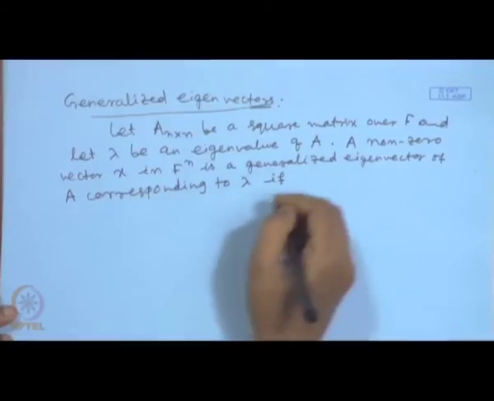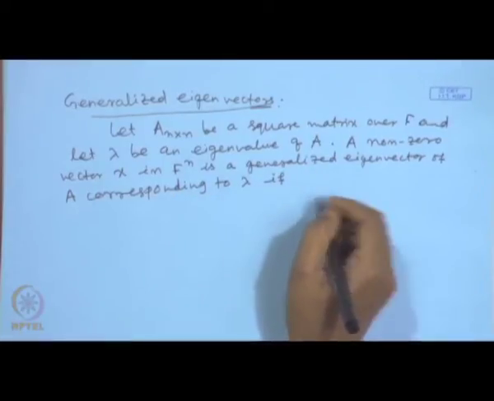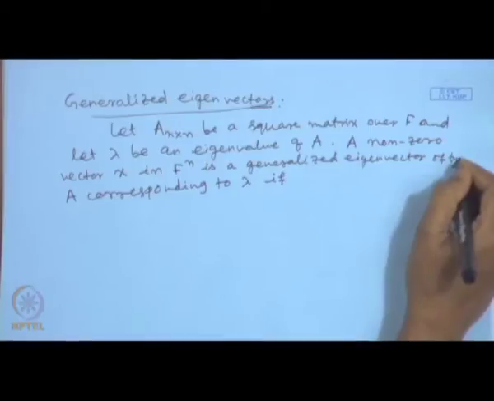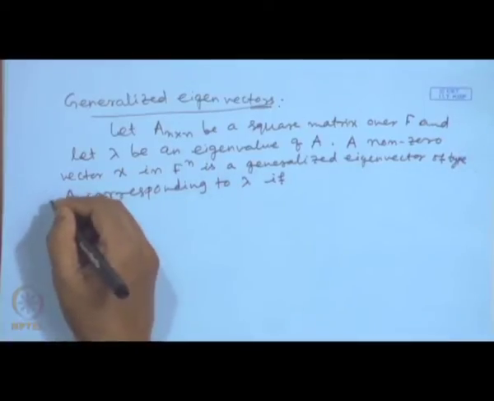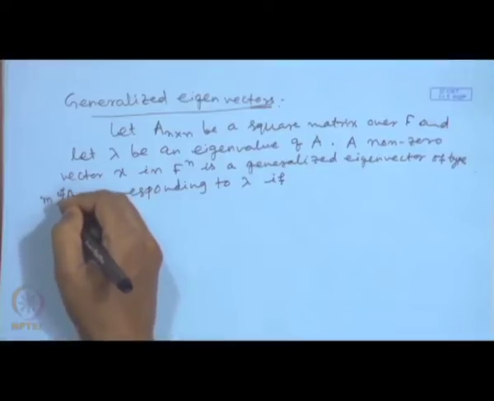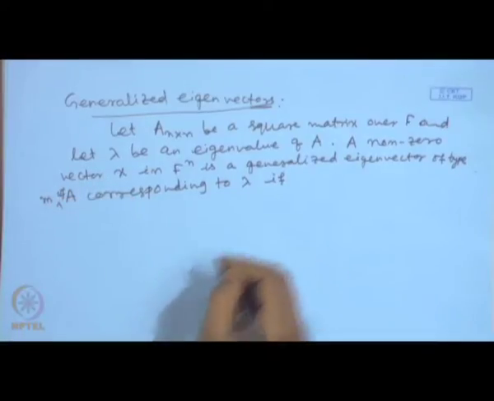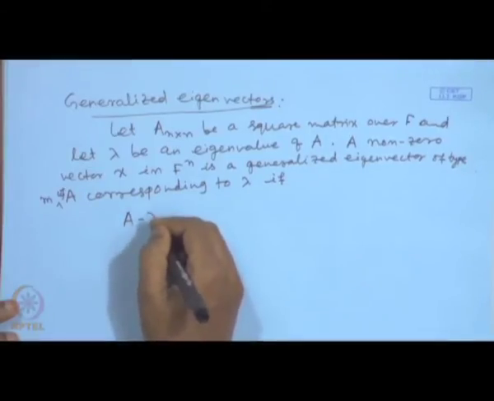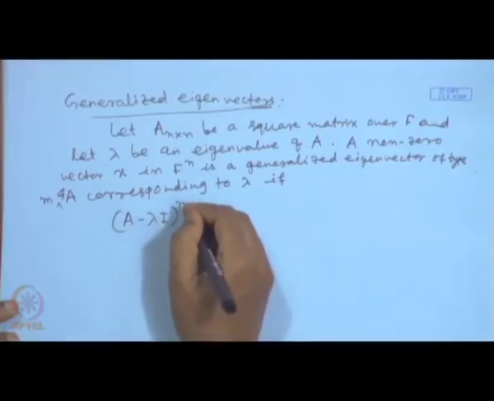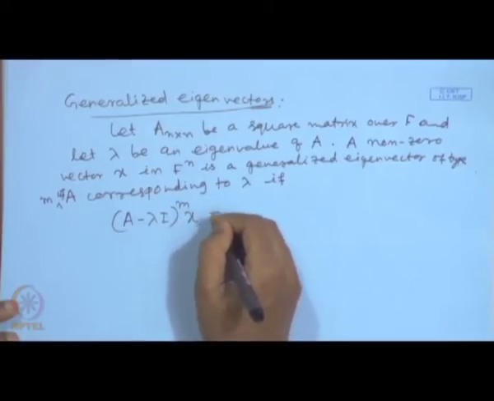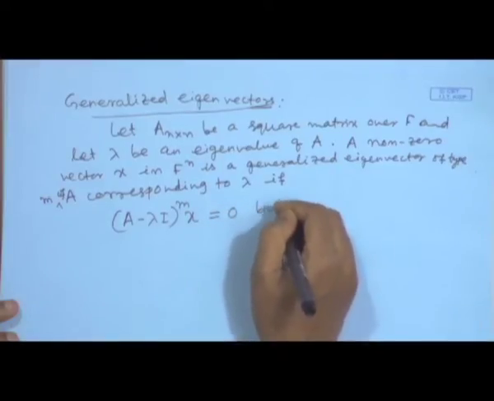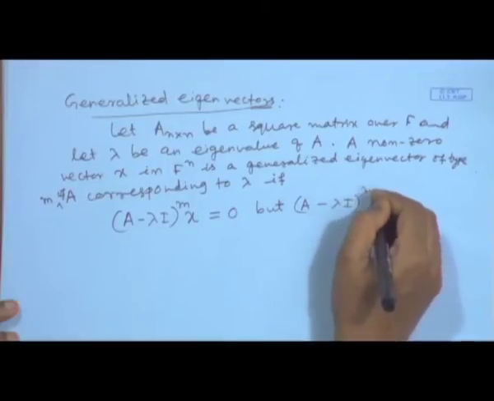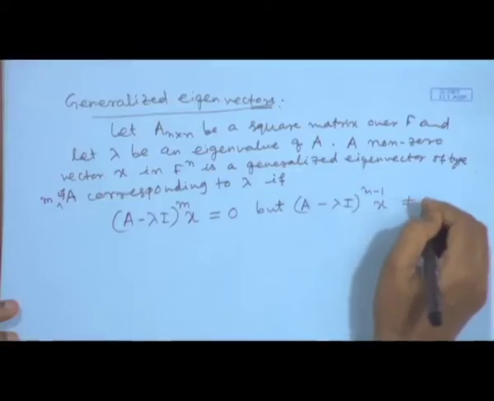if x is a generalized eigenvector of type m of A corresponding to lambda, that is, (A minus lambda I) to the power m times x is equal to 0, but (A minus lambda I) to the power m minus 1 times x is not equal to 0.